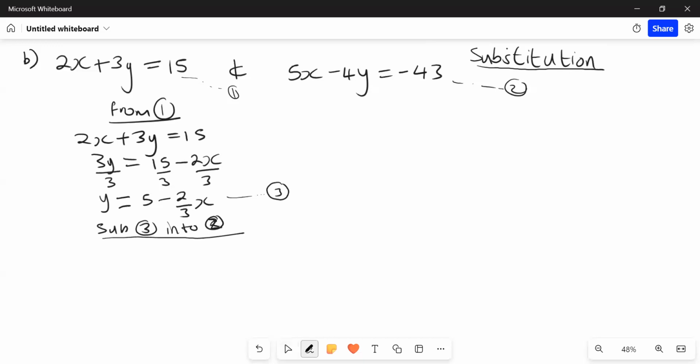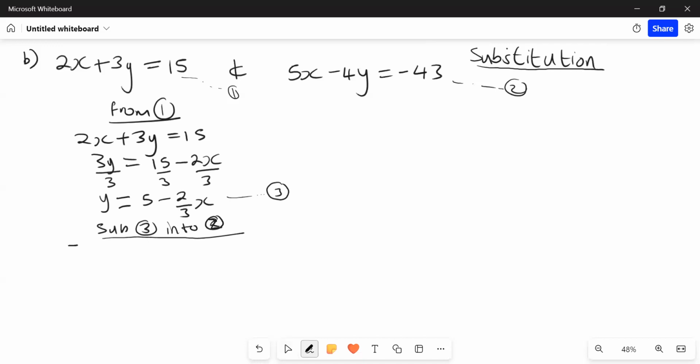We used equation 1 to get our equation 3, so we can't substitute equation 3 back into equation 1. You understand? If you used equation 1 to get your equation 3, you need to substitute equation 3 into equation 2, not 1. I hope we understand each other, right? So we substitute 3 into 2.